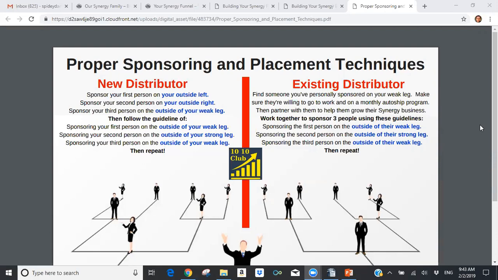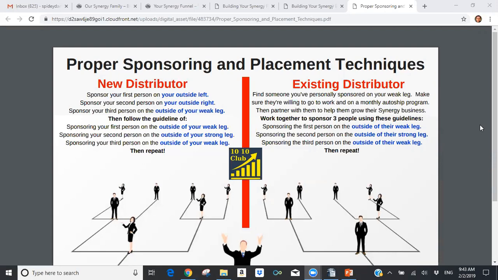That's a fantastic thought, Judy, and I'm glad you brought it up, because for a new distributor coming in, you can go in your back office and choose the one where the computer puts them on the outside of your weak leg, the side that has the lesser volume.